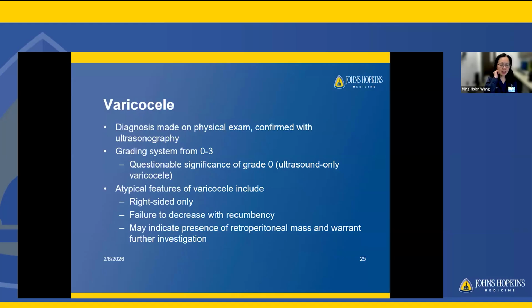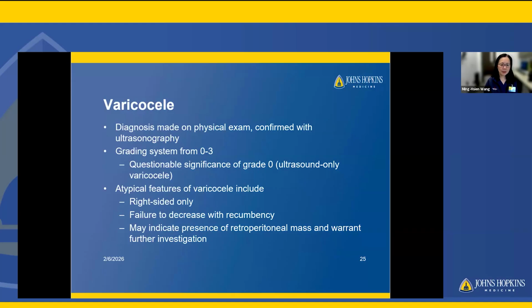So something that could be concerning is if they come in complaining of these veins on the right side, because usually it should not be on the right side. It should be on the left side. If there are these dilated veins on the right side, you have to think, is there something in the abdomen that could be pushing on the veins that could cause these veins by the testicle to swell up like this?